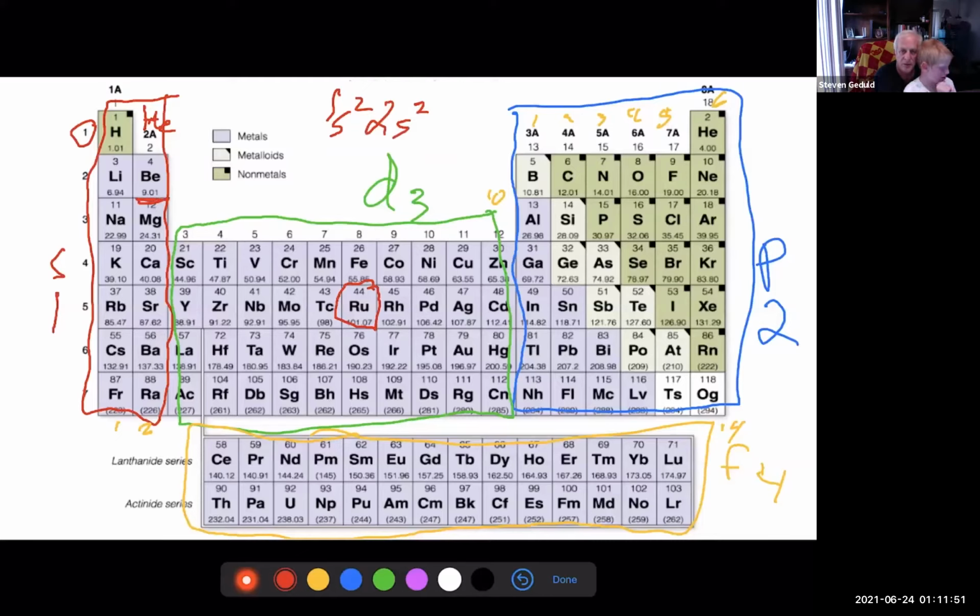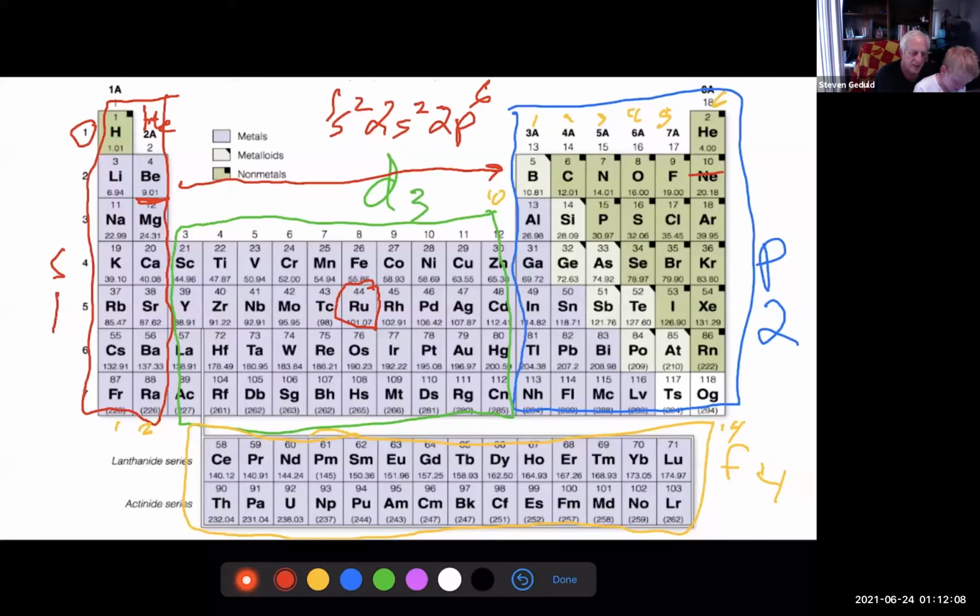We keep going across, just working our way straight across. Again, the P's start with 2, so 2P, and we go all across that. There's 6 of them, all the way to neon. You go down to the next level, which is 3, and it's still in our S's.